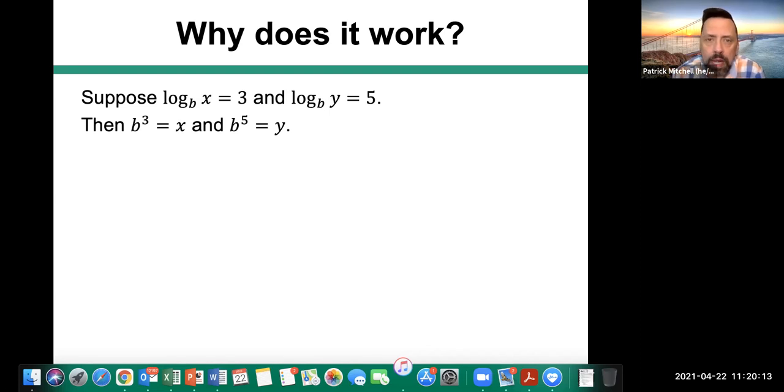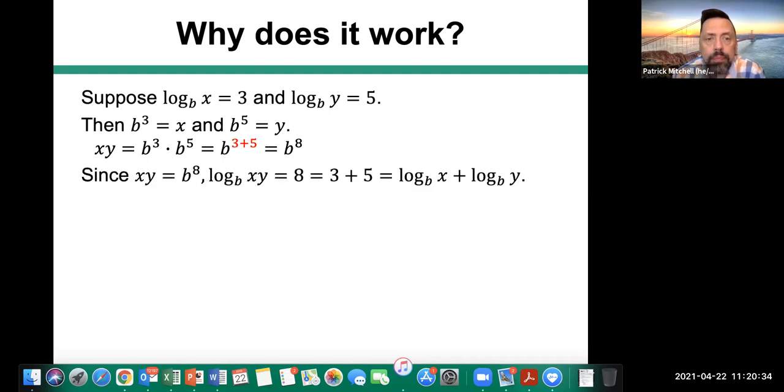So now let's talk about x times y. X times y would be b to the third times b to the fifth, and here's where the magic happens. Remember that b to the third times b to the fifth is b to the power 3 plus 5. You add those exponents, and that gives you b to the eighth.